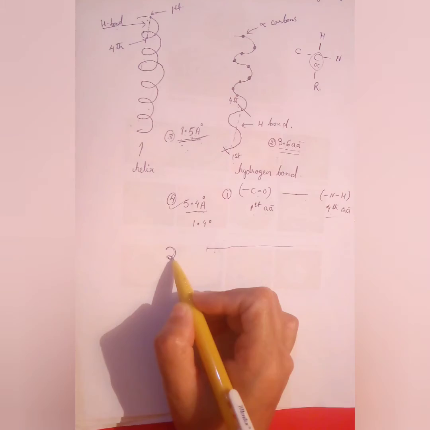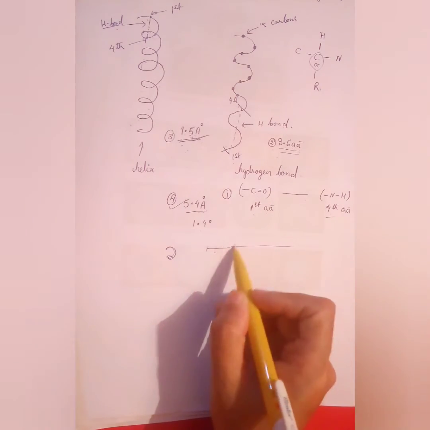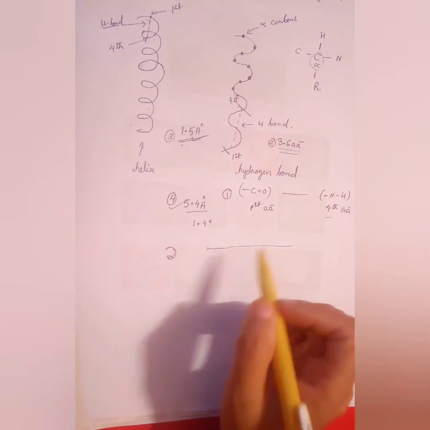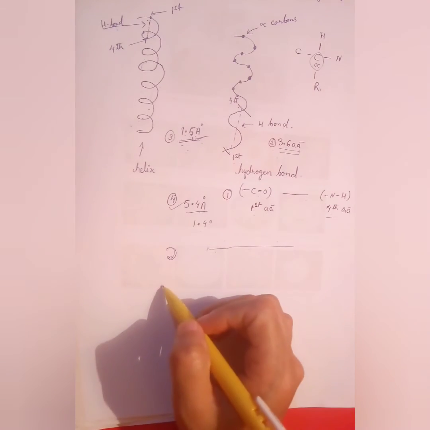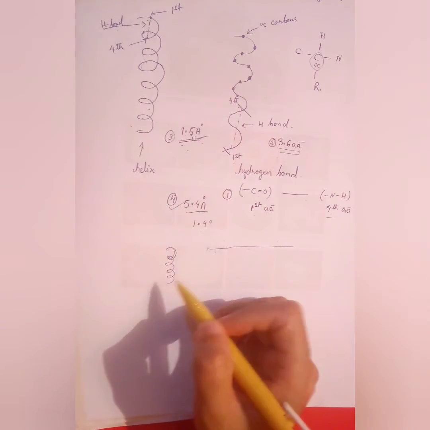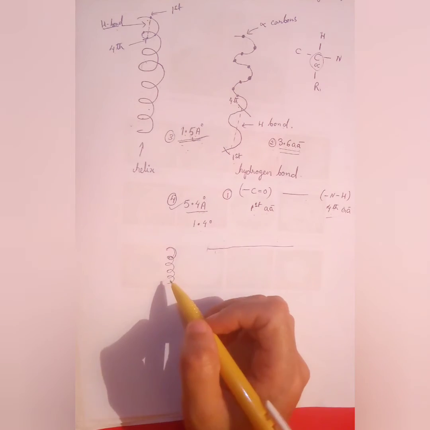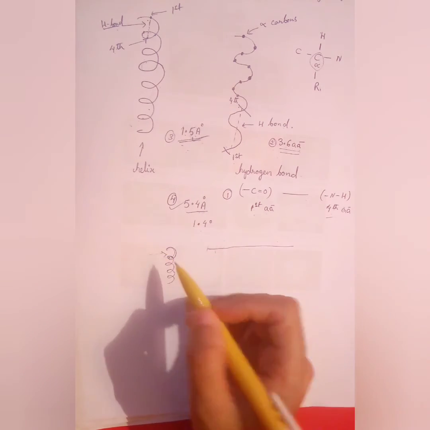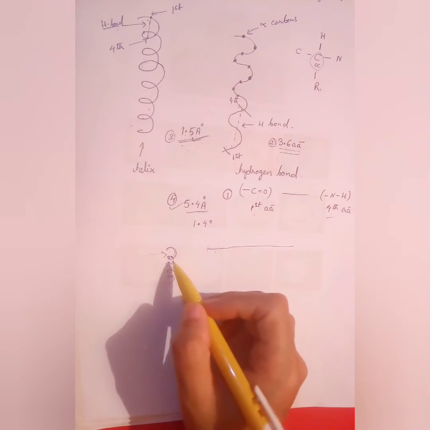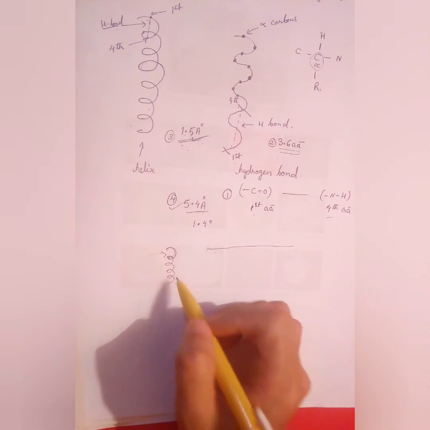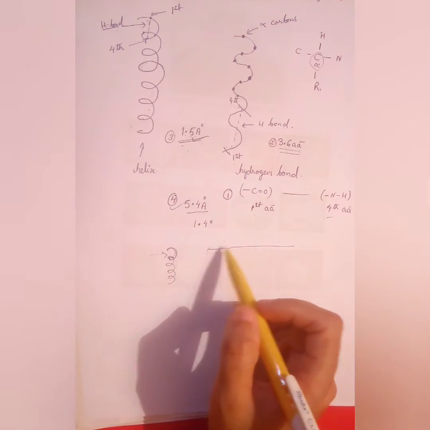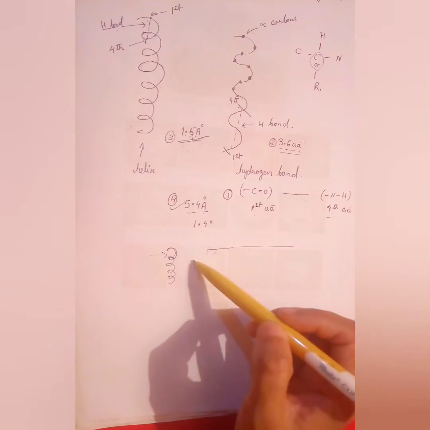Once it has formed, the addition of successive residues becomes much easier and faster, because this first turn of the helix acts as a template upon which to direct the successive helical structures.